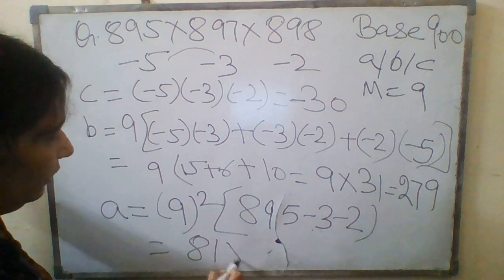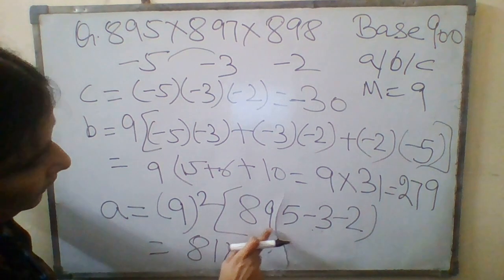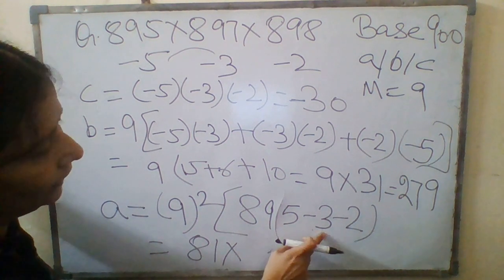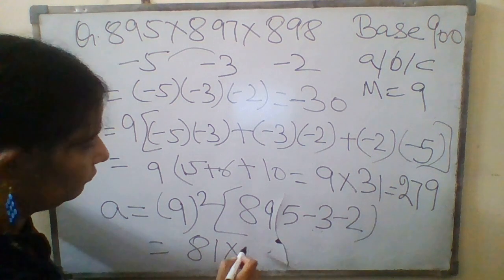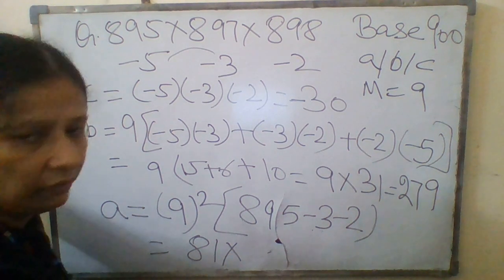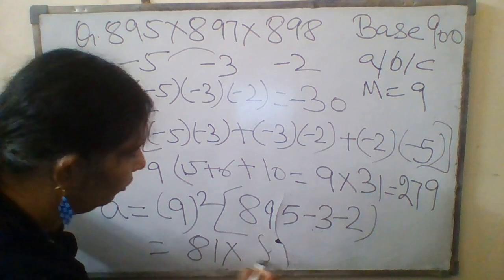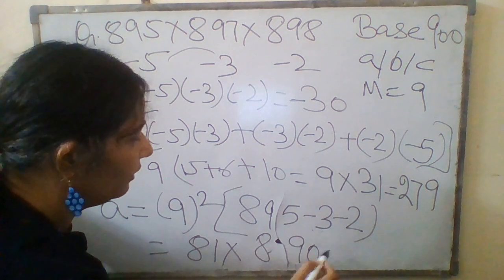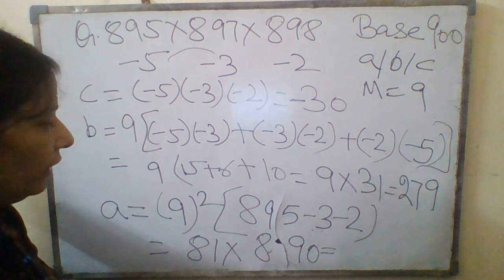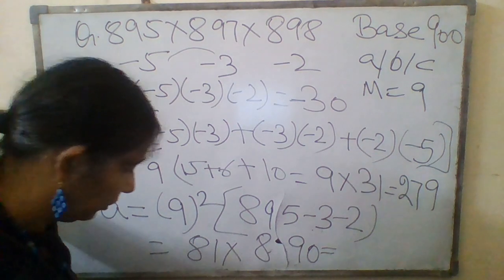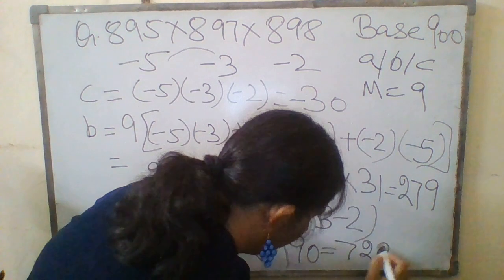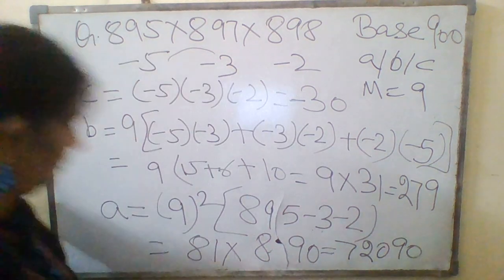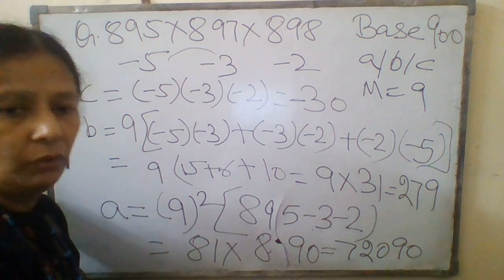Okay, 81 multiplied by, see, 895 is there. So minus 3 plus minus 2 will be minus 5. So this will be 895 minus 5, that will be equal to 890. And when you will solve it, I have already solved this for you, 72090. Okay, now see, you got the value of A.